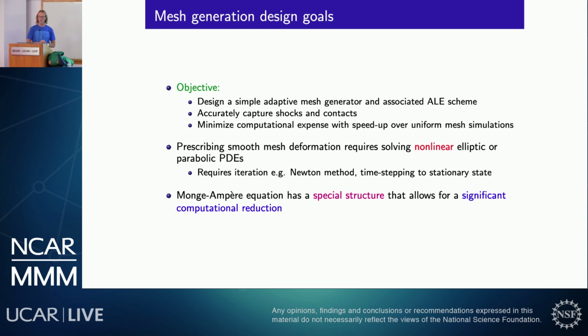And this usually requires solving some sort of nonlinear or elliptic equation. The state-of-the-art method when we started this was this sort of Newton-Krylov method for solving what's called the Monge-Ampère equation. And that's kind of what I want to talk about, a new scheme for doing this.